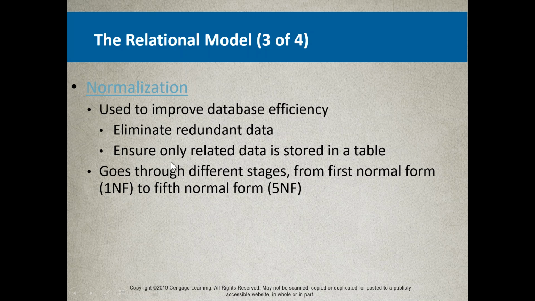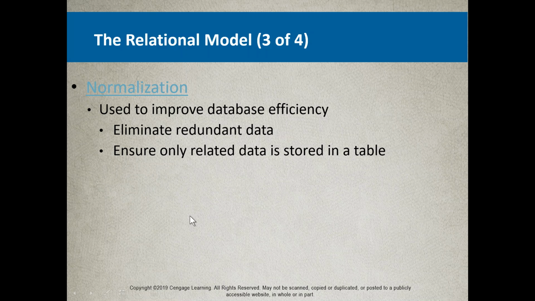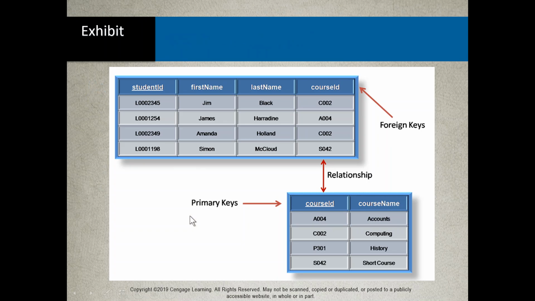And what they mean by redundancy is, for example, if you look at this other example back here, if I had a student record, let's say Jim, and Jim was taking 4 courses, I would have to put Jim in here 1, 2, 3, 4 times with 4 different course IDs. The concept of normalization is to break down data sets into compartmental blocks of data so that you don't have to repeat data.